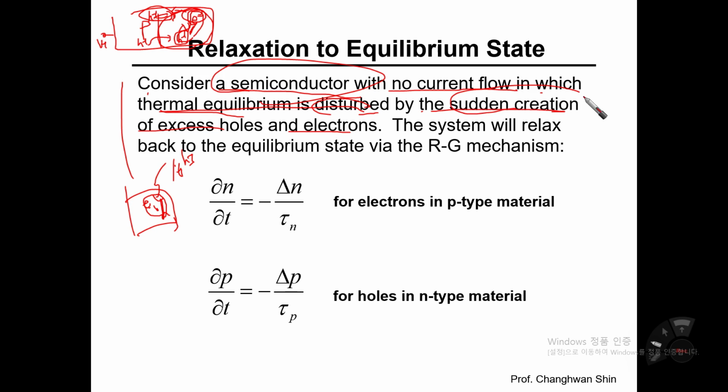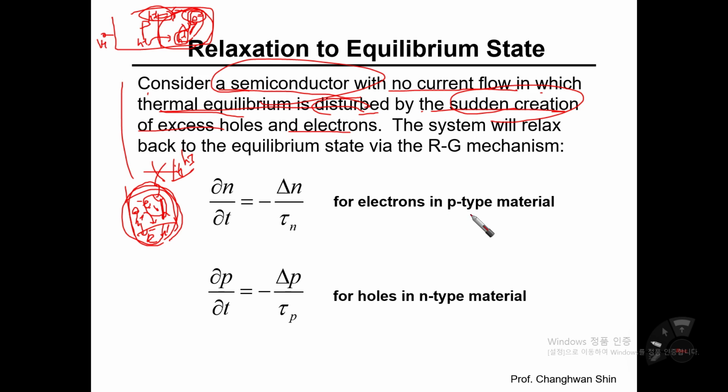And once this light is turned off, the many electron-hole pairs created by the light would be annihilated with the other electrons and holes originally existing in this N-side material. Then we can say that this N-side semiconductor, or this system, will relax back to its own equilibrium state. By what? By the recombination-generation mechanisms.